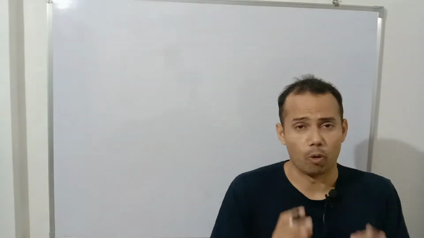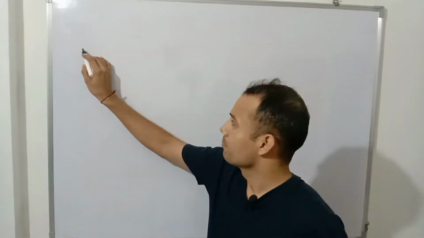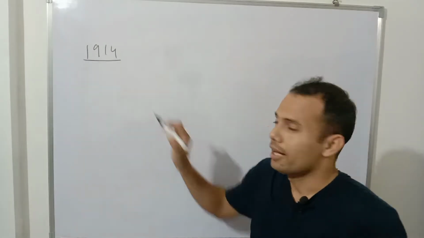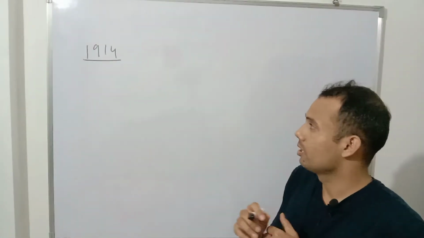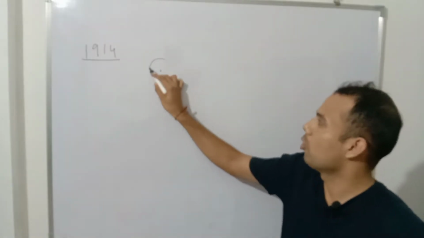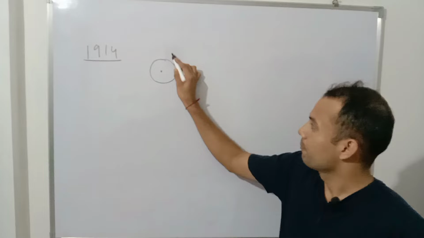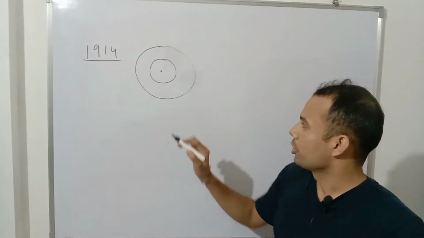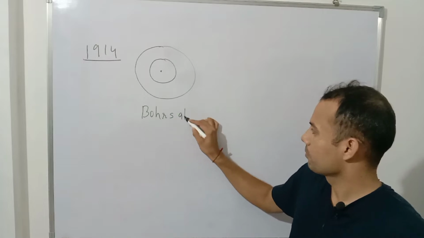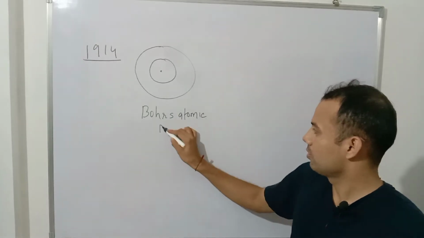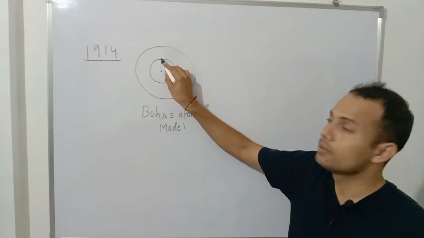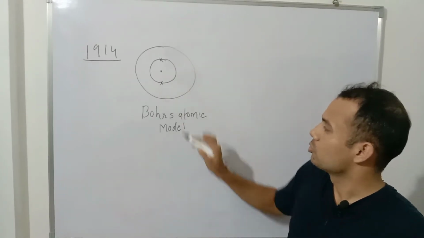What basically Bohr's atomic model is, it was published in 1914, and in that atomic model there is a nucleus and orbits, right? According to Bohr's atomic model, electrons are present in the orbit, right?